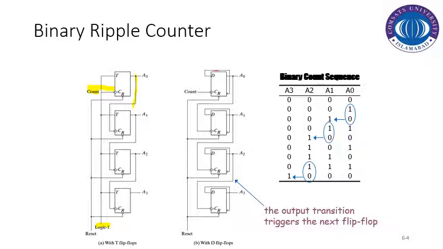Similarly, any change in A1 from 1 to 0 will trigger the next consecutive flip-flop. So basically these flip-flops will generate a count sequence from 0, 0, 0, 0 till 1, 1, 1, 1. The output transition triggers basically the next flip-flop. So whenever there is a transition in the output of any of the flip-flops, the consecutive flip-flop is triggered.